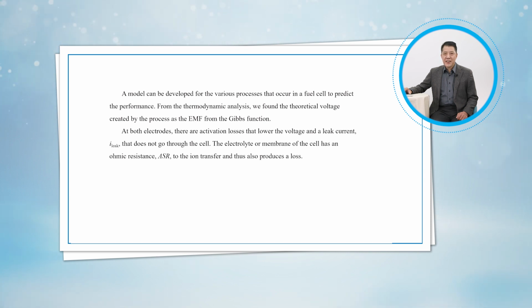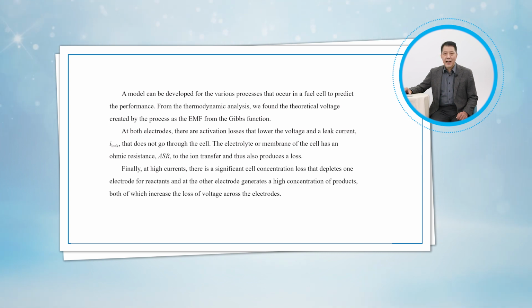At both electrodes, there are activation losses that lower the voltage and a leak current that does not go through the cell. The electrolyte or membrane of the cell has an ohmic resistance to the ion transfer and thus also produces a loss.